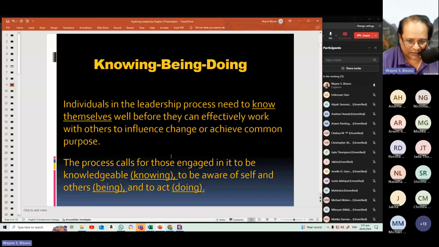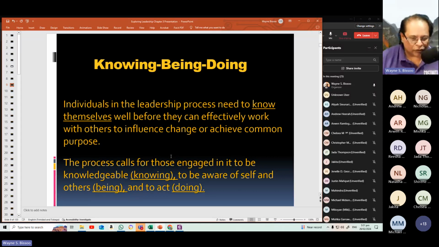The process, therefore, calls for you to be knowledgeable about yourself, but also about the things that you're getting involved with. To be aware of self and others, which is the being part, and then to act, which is the doing element, to act based upon your understanding of the things around you.